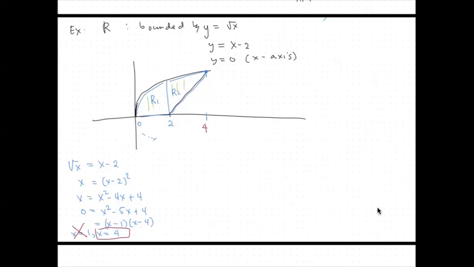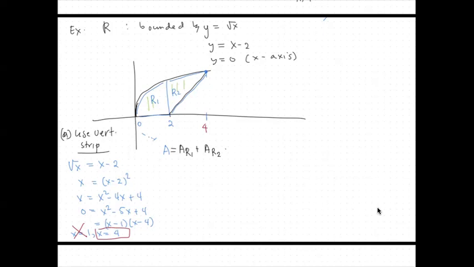Okay? Now, the area of the region is equal to area of region 1 plus the area of region 2. So here we use verticals. The first is use vertical strip. And then we will use horizontal strip later.